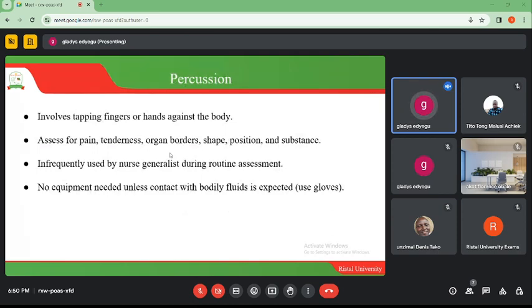So percussion, this one involves tapping fingers or hands against the body. Tito, have you ever done percussion? Yes. Can you explain briefly how you do it?